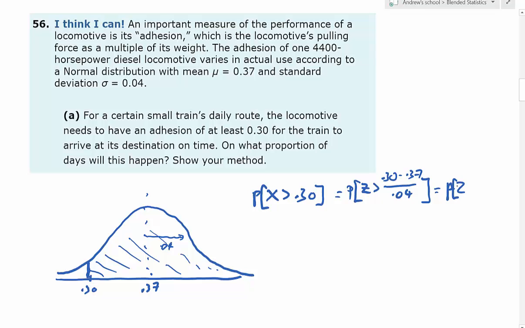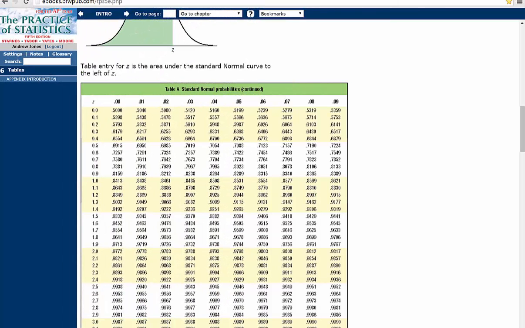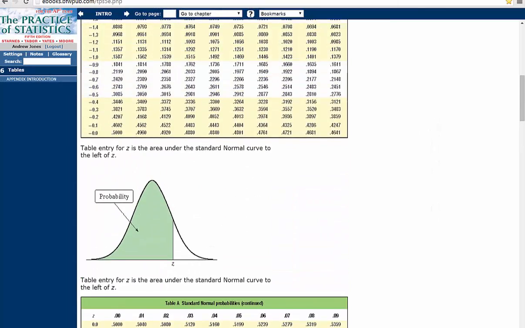So I want the probability that z is bigger than minus 1.75.